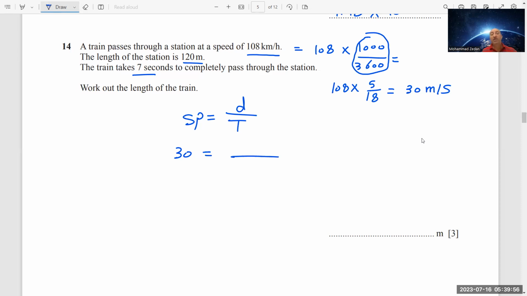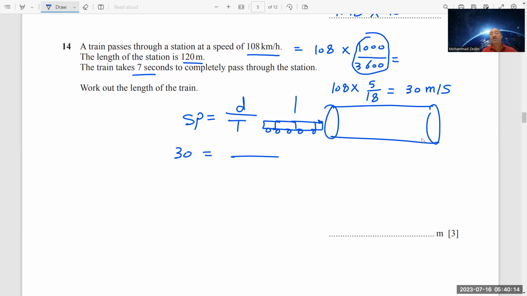If you have a tunnel like this, and the train goes inside, to completely pass through the tunnel, the distance covered is the length of the train plus the length of the tunnel.